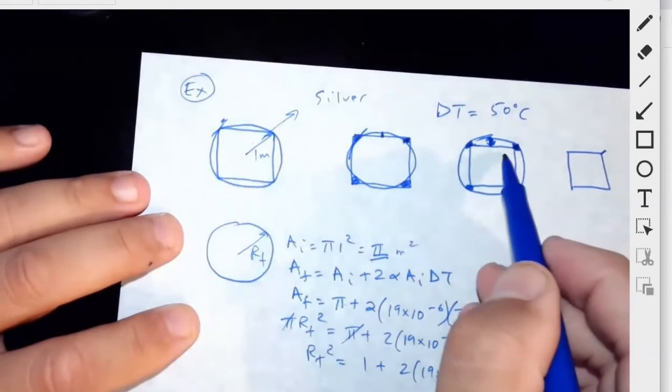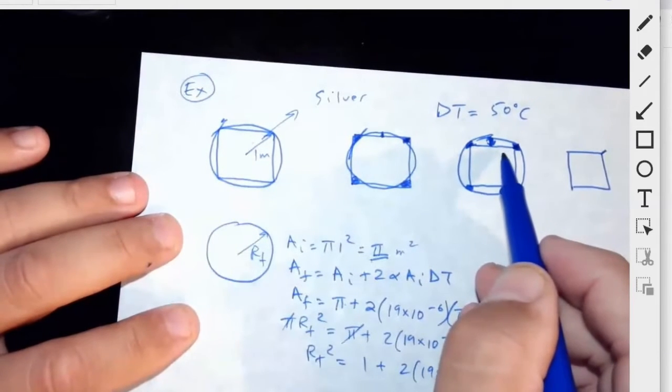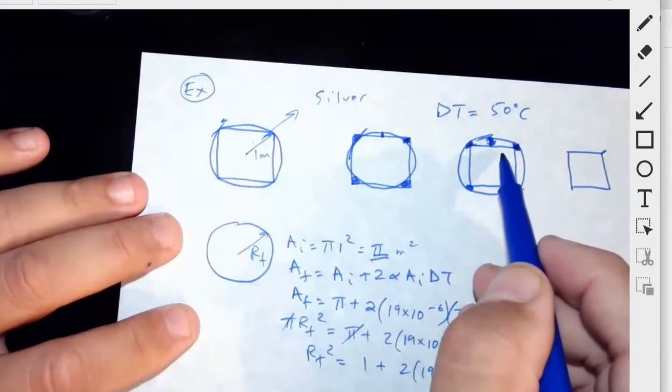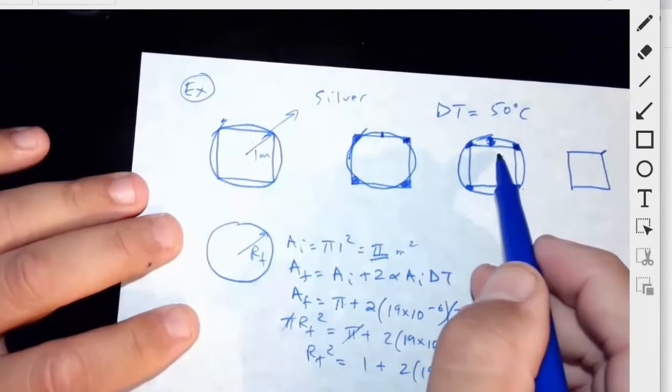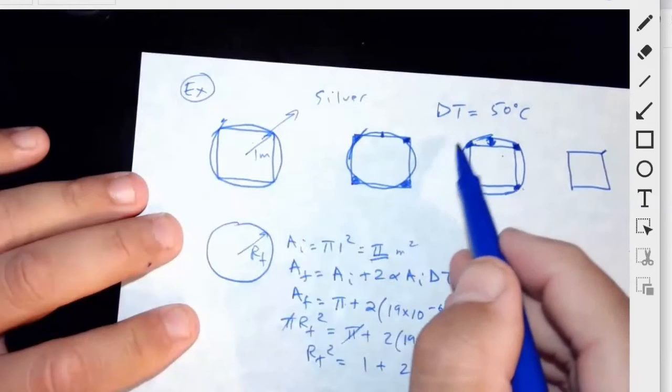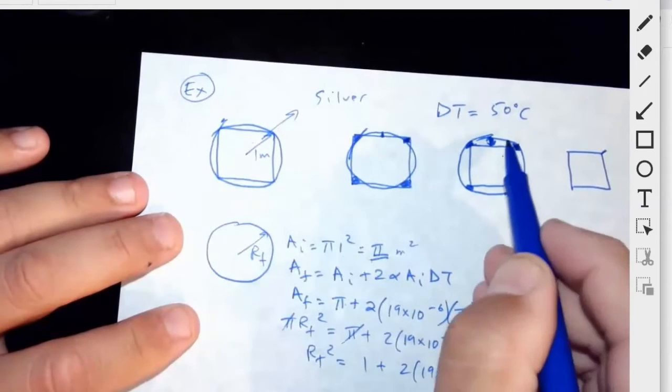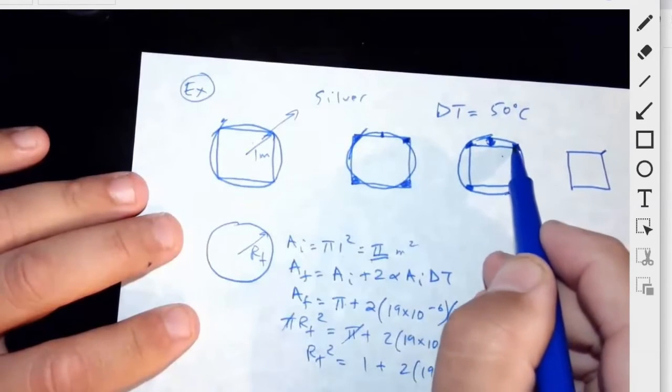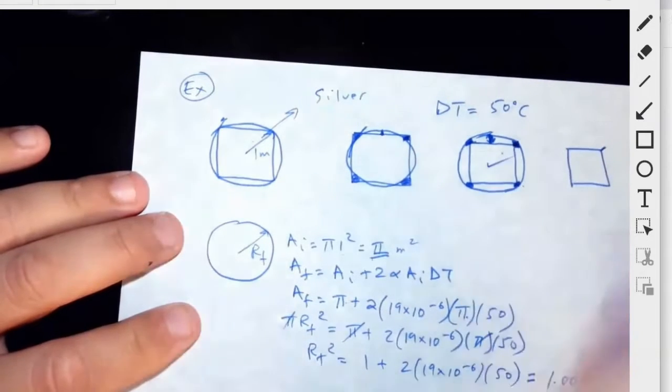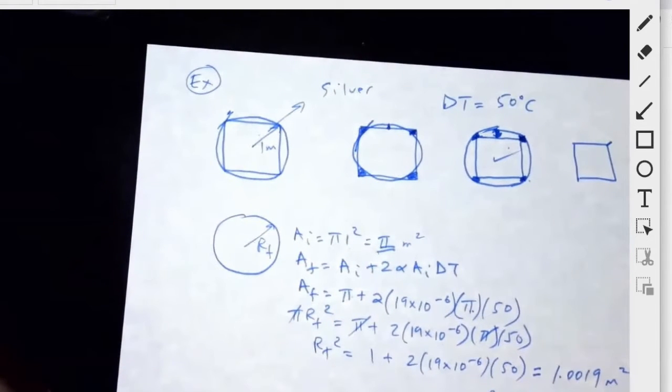Probably this is the more likely scenario. The circle is going to expand more, and there's going to be a gap left. I'm thinking that maybe this might happen, but I'm not 100% sure.